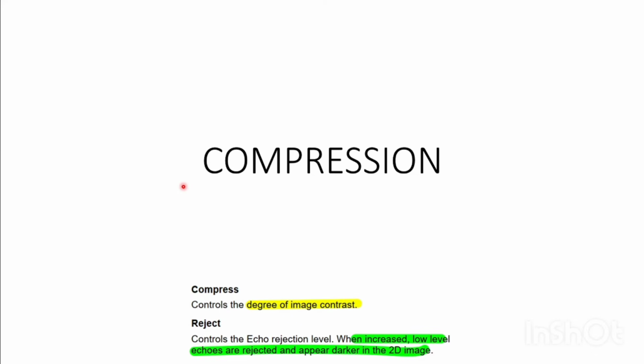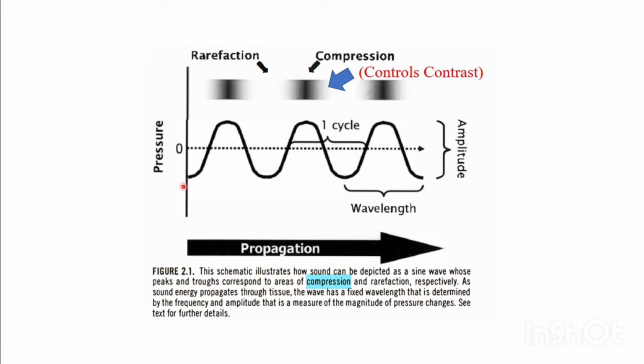Compression will affect the image contrast. Why? Because in a normal ultrasound wave, if we plot it on a graph like this, there are alternating areas of compression and rarefaction. So at the areas of compression, we get more darker.